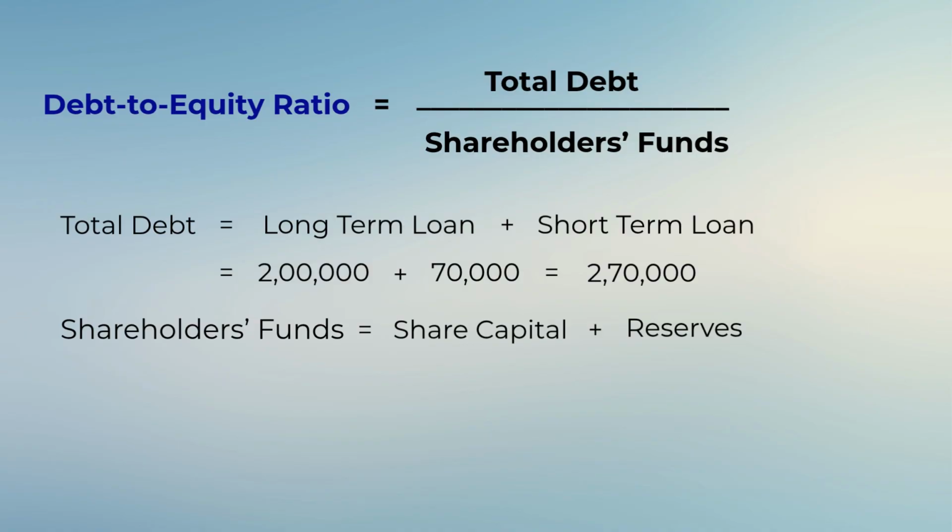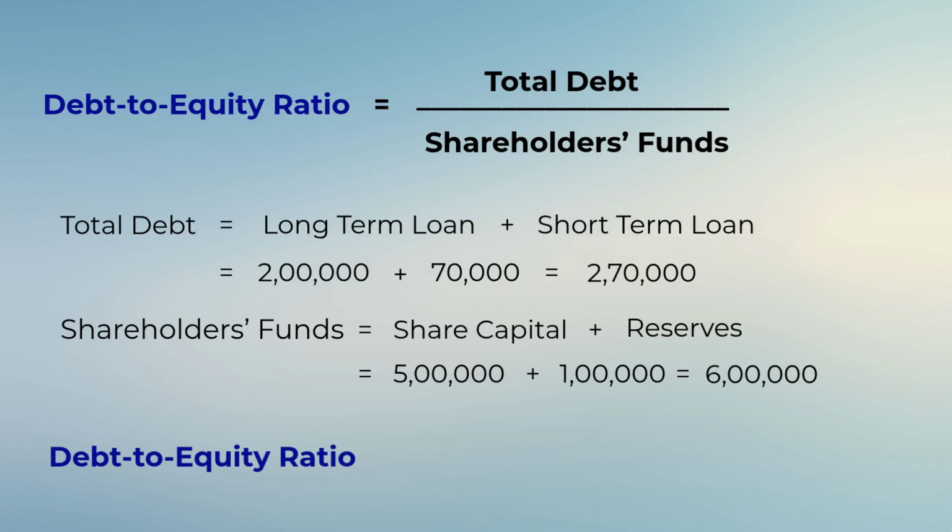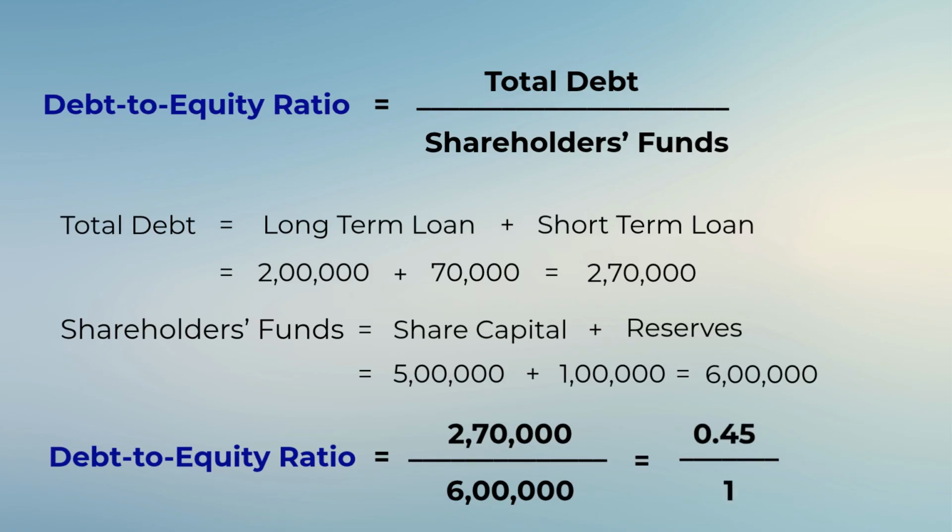From the balance sheet we have, this figure works out to 5 lakhs plus 1 lakh, which is equal to rupees 6 lakhs. Thus, the debt to equity ratio will be 2,70,000 divided by 6 lakhs, which is equal to 0.45. Thus, the company uses 0.45 rupees of debt for every 1 rupee of equity, which implies low risk and financial stability.